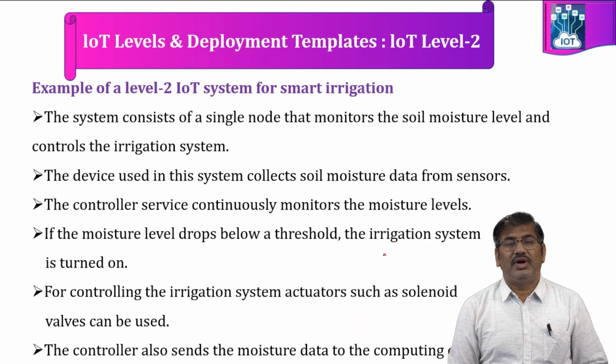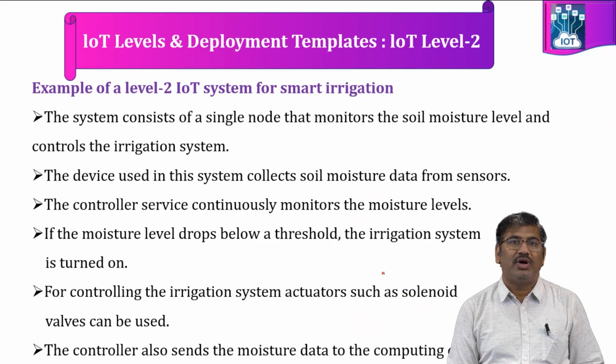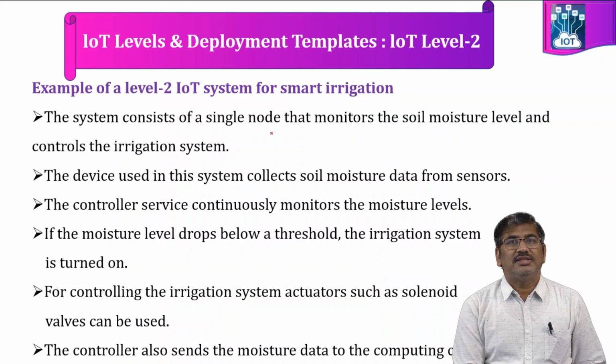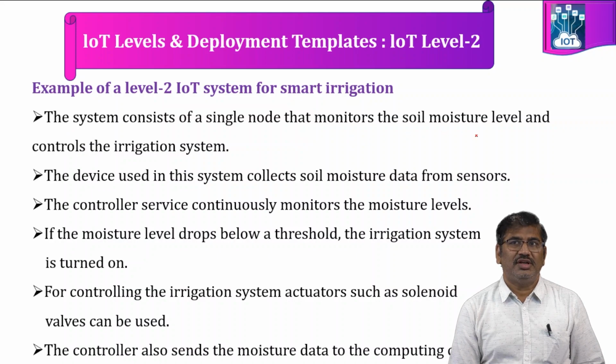Now, an example of a level 2 IoT system is smart irrigation. The system consists of a single node that monitors the soil moisture level and controls the irrigation system. The device used in this system collects soil moisture data from a sensor.